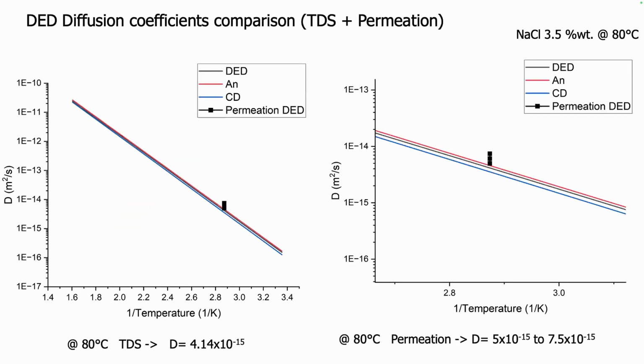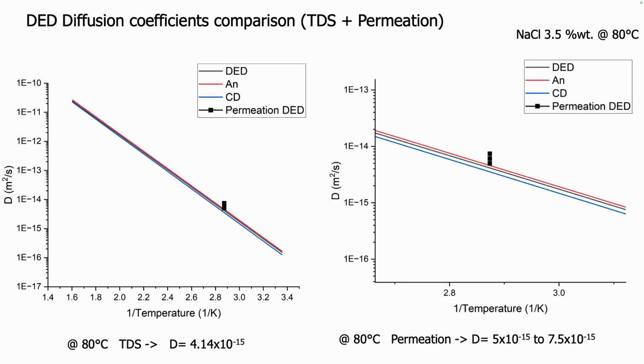And then when we compare against the TDS data, the results in terms of diffusion were pretty close. 4 times 10 to the -15, this is square meters per second, I didn't put it there. That was for the TDS, and when we go to the permeation, it ranged from 5 to 7.5, so quite in the same order, but we still need to get the data from the anneal and cold drawn. But again, we don't expect much.